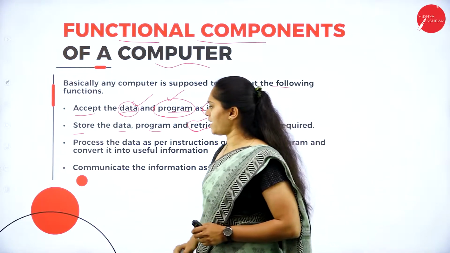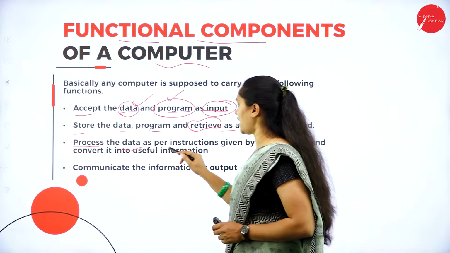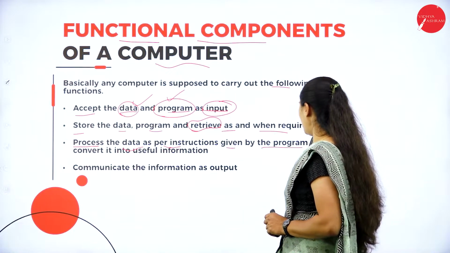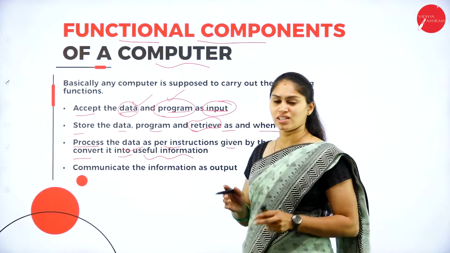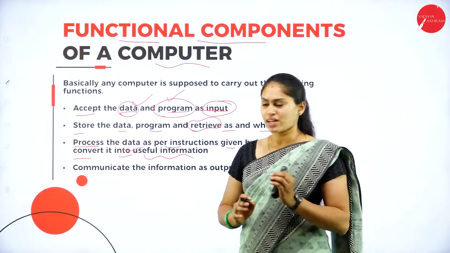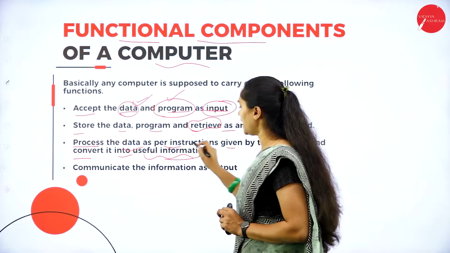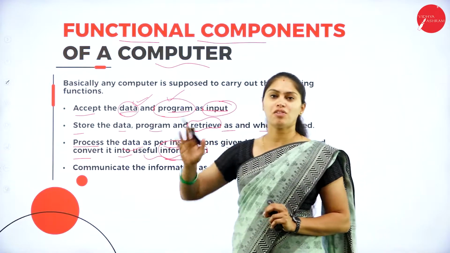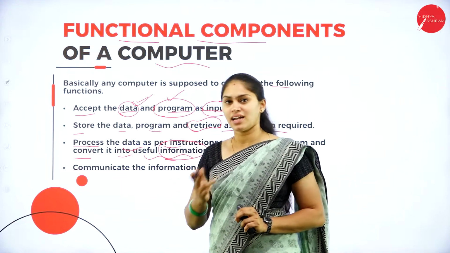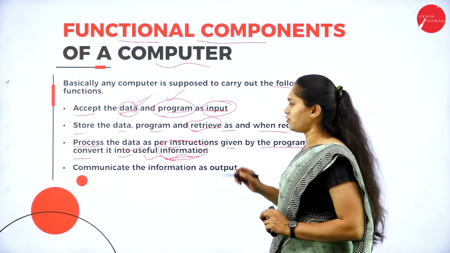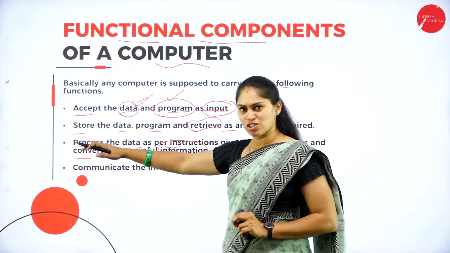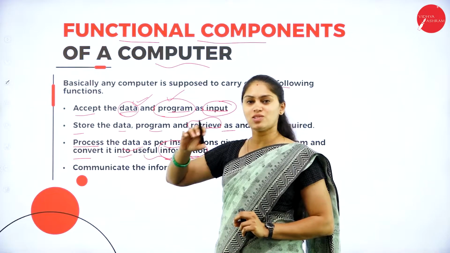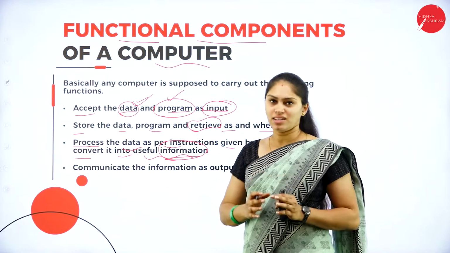After that, what does it have to do? It has to process the data as per the instructions given by the program and convert it into useful information. The main agenda is what? We are converting the data into information. Data are raw facts. When we have processed data, then it can be considered as information. So in order to do that, it has to accept the input, which needs to be stored, and it should allow us to retrieve it when and where required.